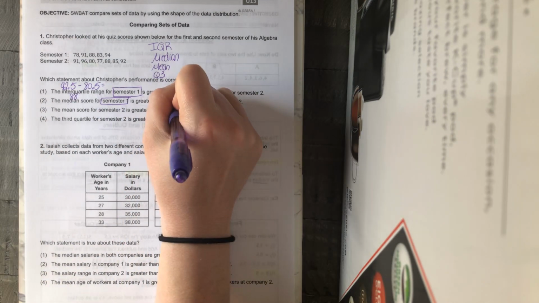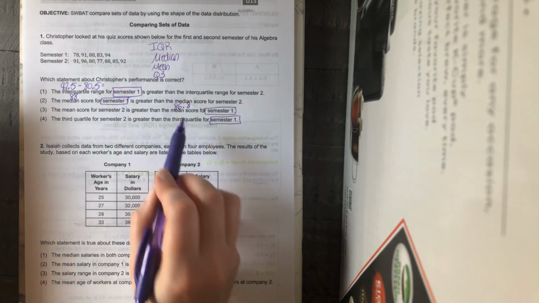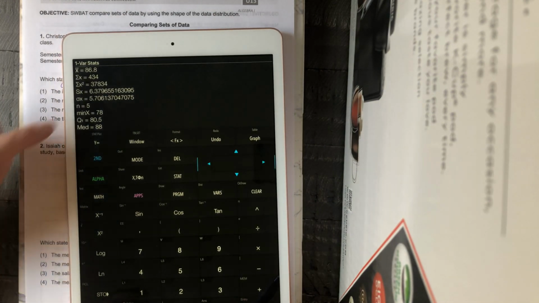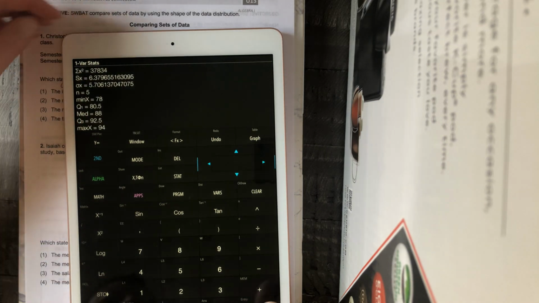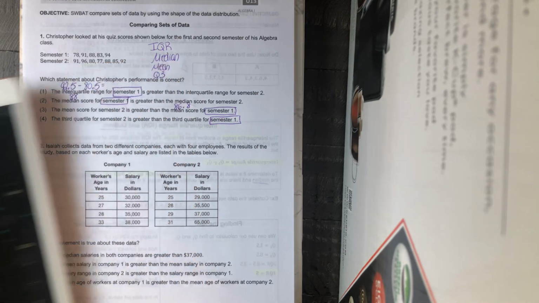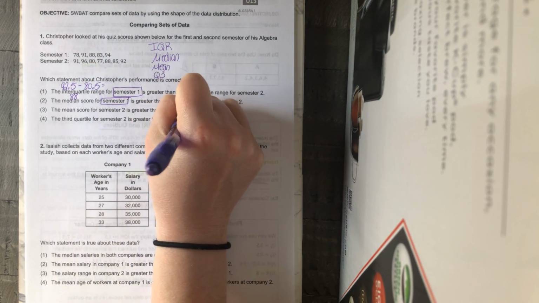So I'm going to fill that in. And then my third quartile, I would just jump down to the bottom again for Q3, which was 92.5. I'll fill that in too.